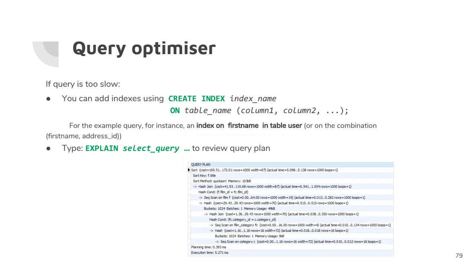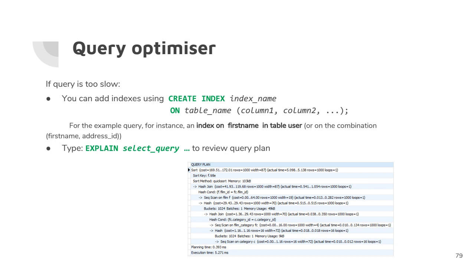If your query is still too slow, one option is to add an index. So you have the command create index on table name. For instance, here I select Niels from the table user. That means I check first name, so I can add an index on first name in the table user to make that type of query more efficient. That would be one way.